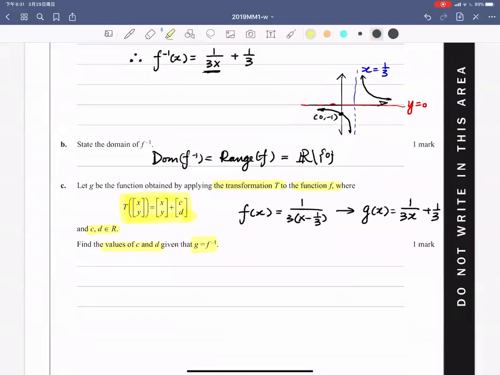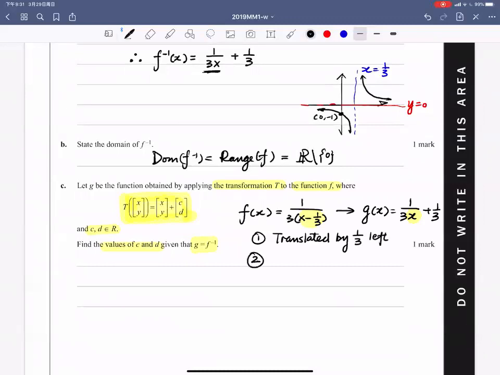By comparison, I'm getting rid of the minus 1/3 behind this x, so it will be purely x at the denominator. The first one is translated by 1/3 unit left.